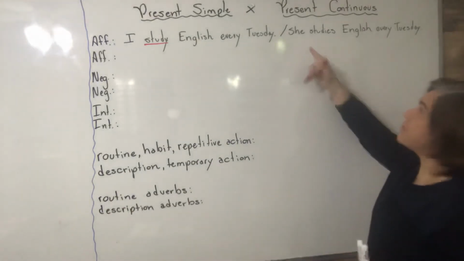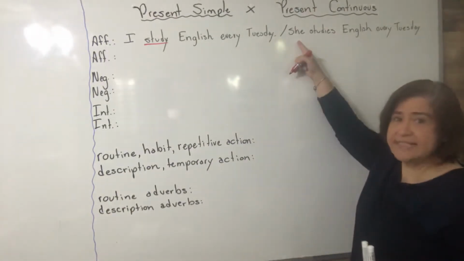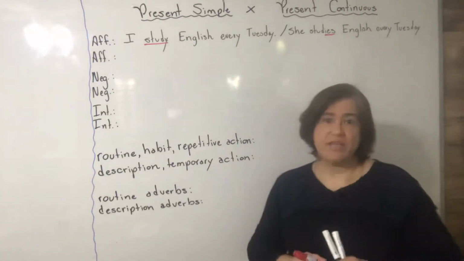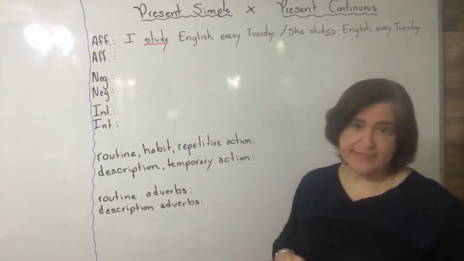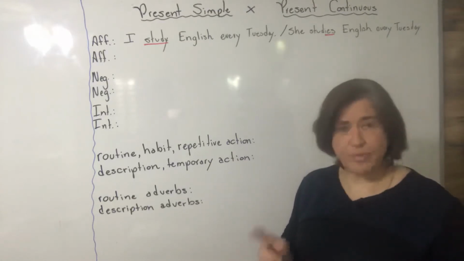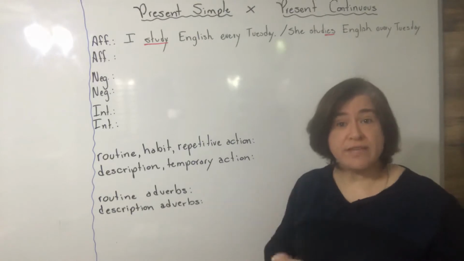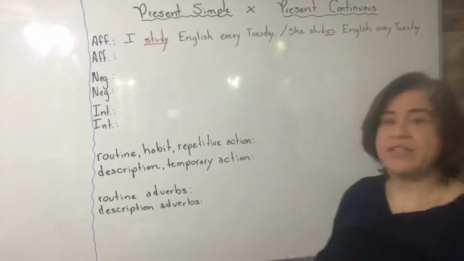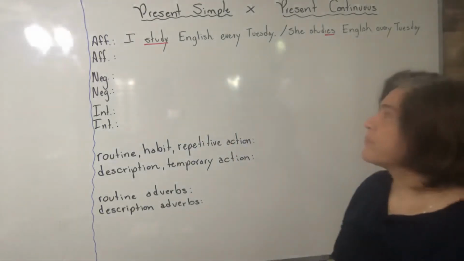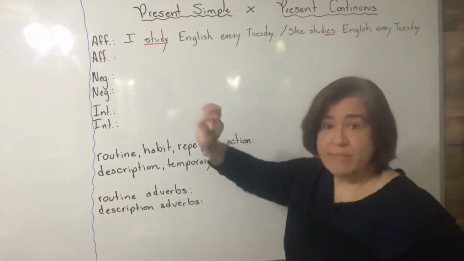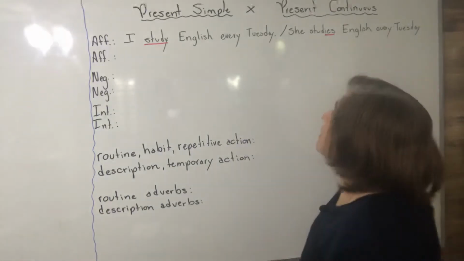And for the person he, she, it, we have some changes in the verb, okay? For example, the verb study, studies; have, has. Remember? If you don't remember, return to Unit 3 to remember, because the teacher talked about this. Okay, this is simple present or present simple.